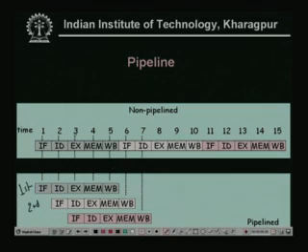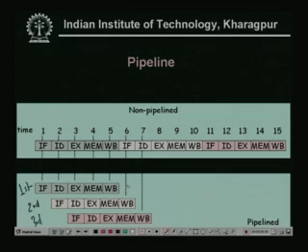At the third time unit, the first instruction is being executed, the second one is in the instruction decode stage, and the third instruction is already in process, in instruction fetch.